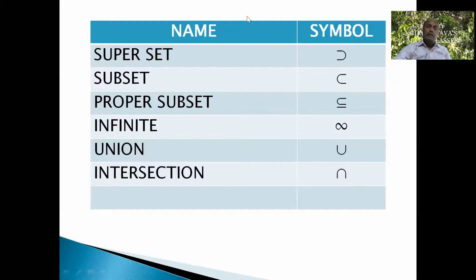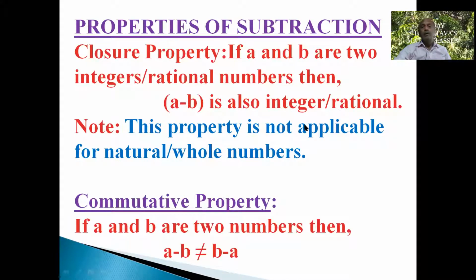in the exercises. Next thing is properties of natural numbers, whole numbers, and integers. The properties of subtraction. So the closure property: if a and b are 2 integers or rational numbers, then a minus b is also an integer or rational number.